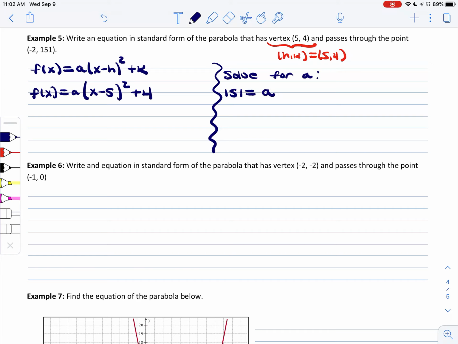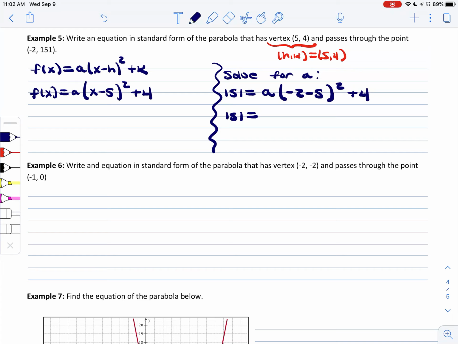A is still unknown, and for x, we plug in the -2. Then we just need to solve for a. Our -2 minus 5 is a -7.